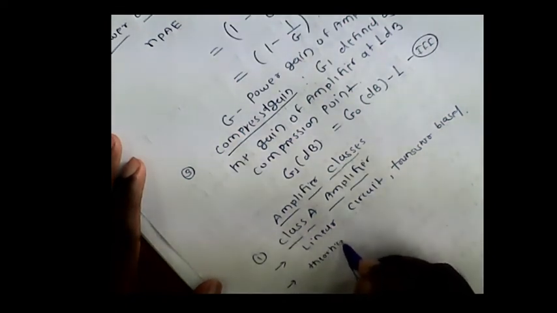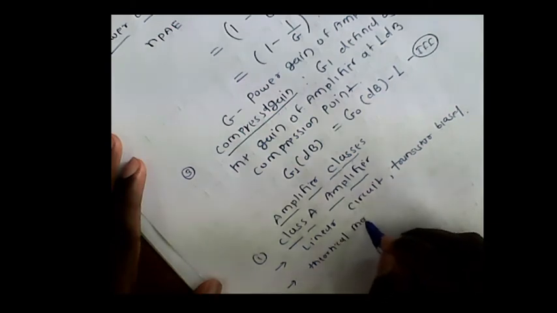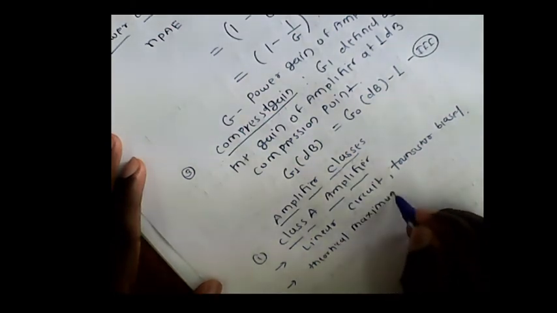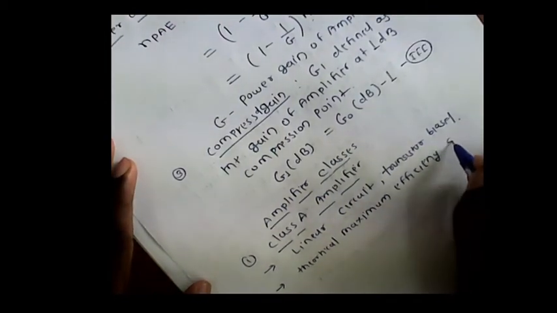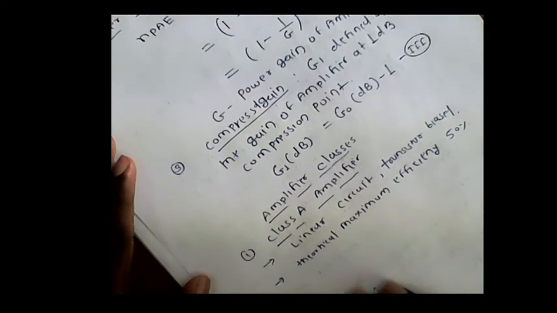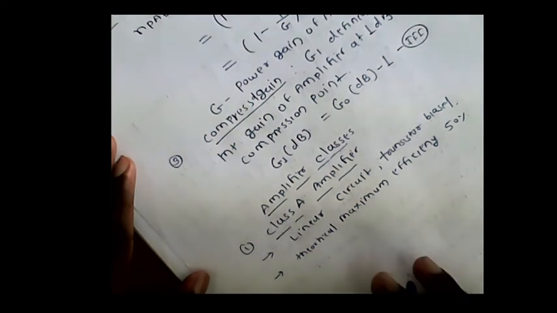Class A amplifier has a theoretical maximum efficiency of 50%. Most small signal and low noise amplifiers operate in class A circuits.